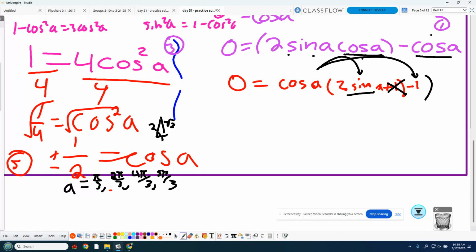Yes, David? Wait, why does on the left problem it turn into 4 cosine squared A? I get 1 on the left, 3 cosine squared plus 1 cosine squared is 4 cosine squared.